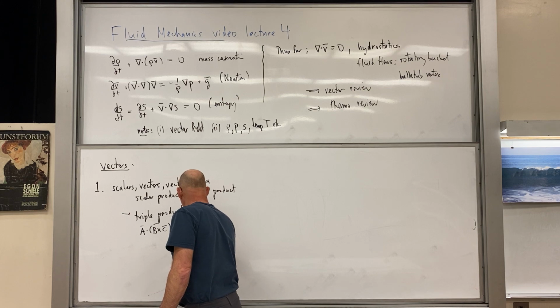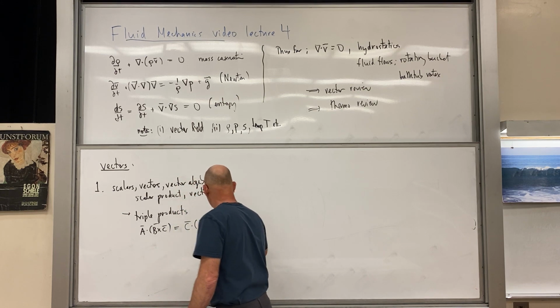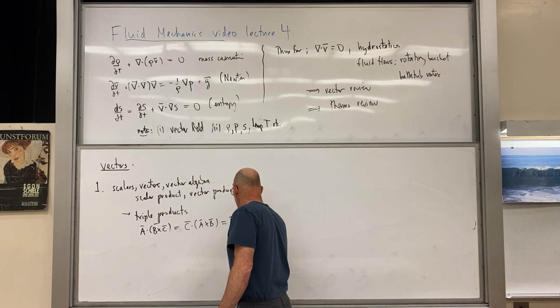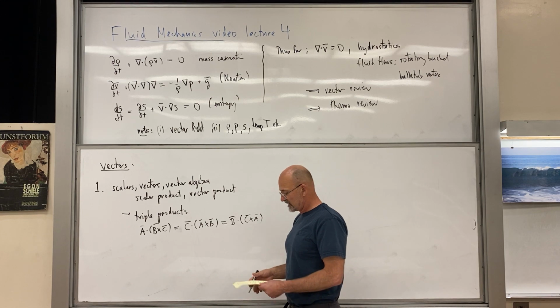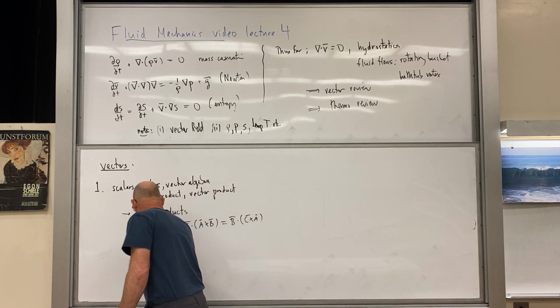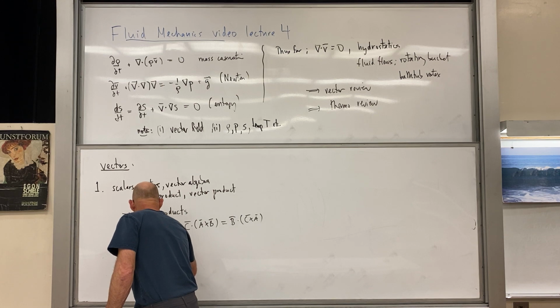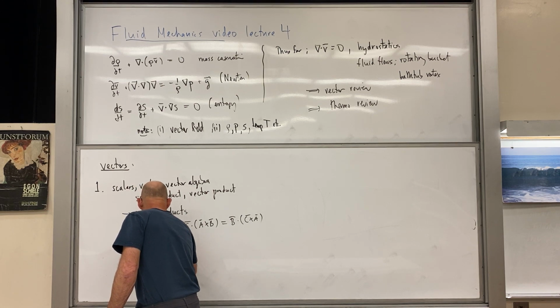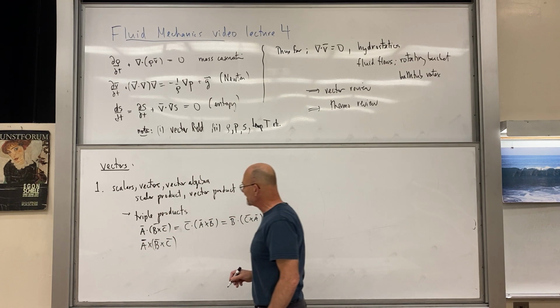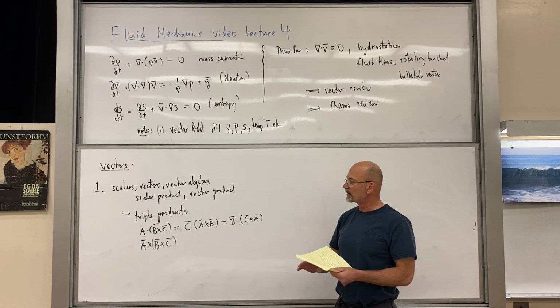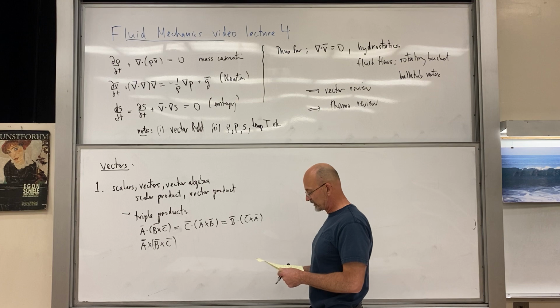So C dot A cross B, and then B dot C cross A. That's one of the triple products. And the other one that we would do would be A cross B cross C. And these things just come up in applications. Okay? And ideally, we've demonstrated and done the proof for everything we ever ran across.